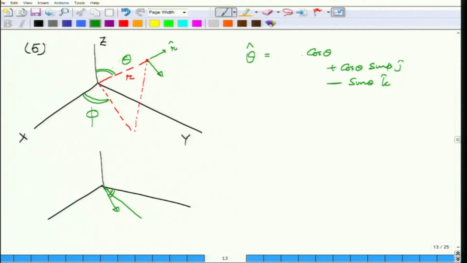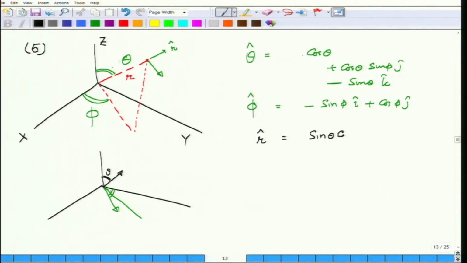Phi unit vector anyway is in the direction, in the plane, just like in the planar polar coordinates, and it's going to be given as minus sine of phi i plus cosine of phi j. And the radial vector, that is this vector, has a component cosine theta in the z direction and sine theta in the xy plane.